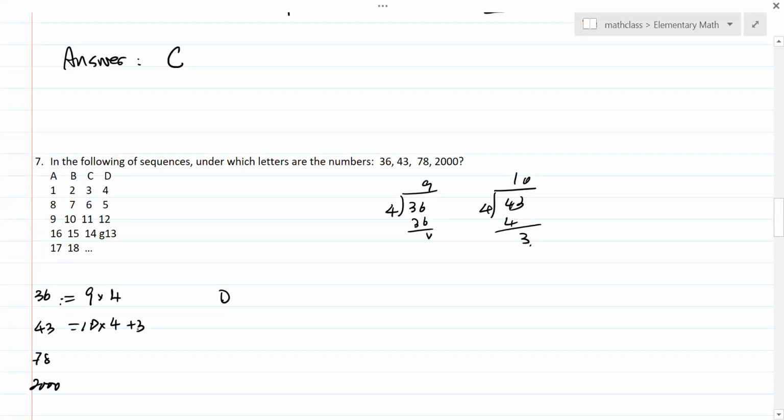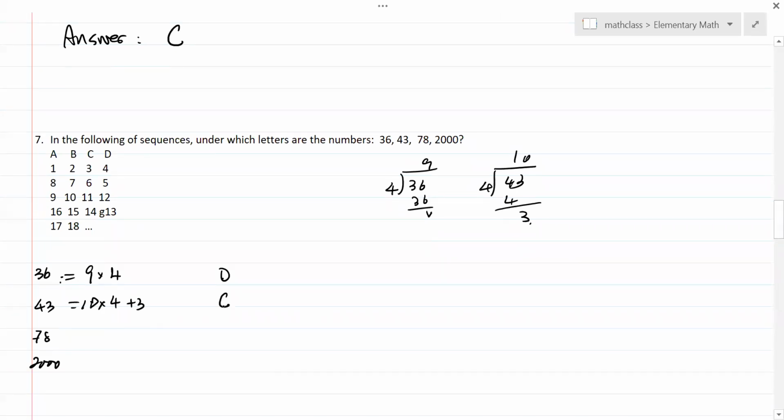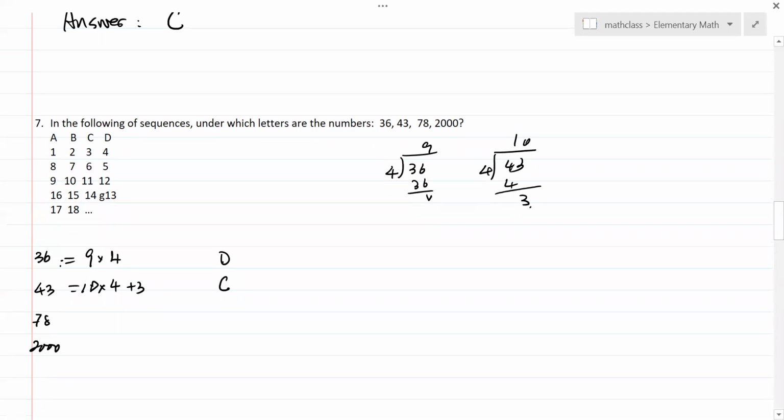You have a partial row at the end containing 3 numbers, so that must be C, the third one.